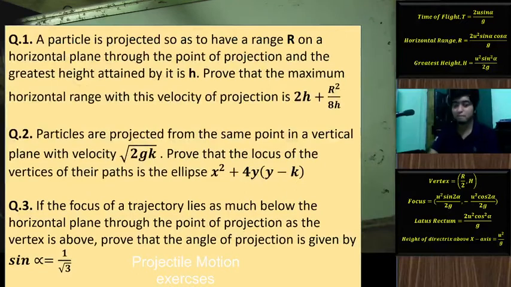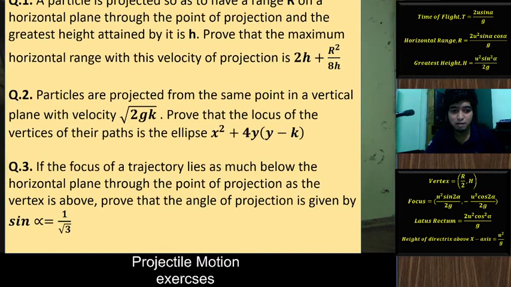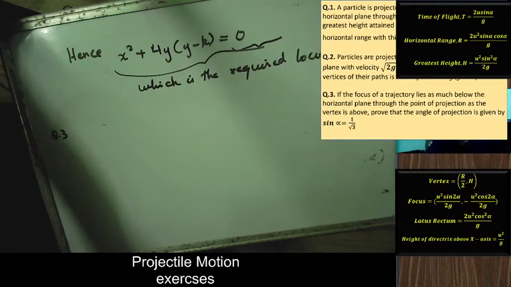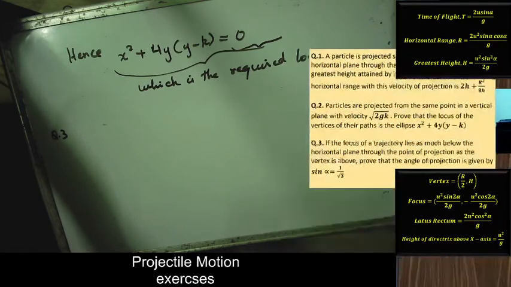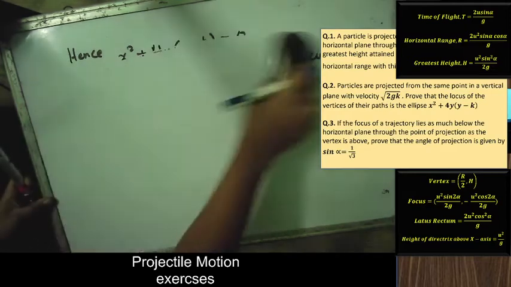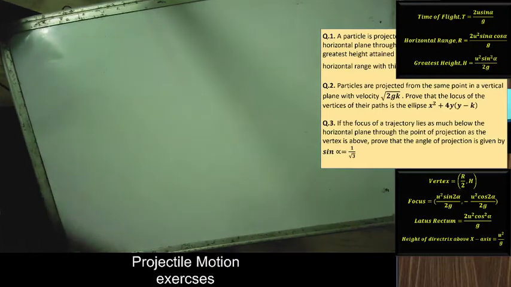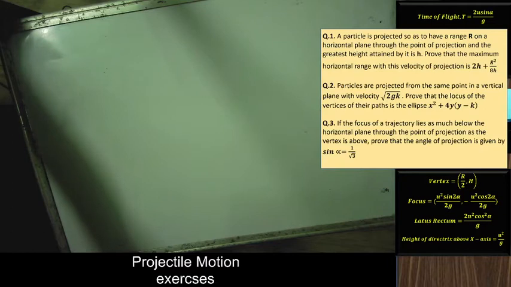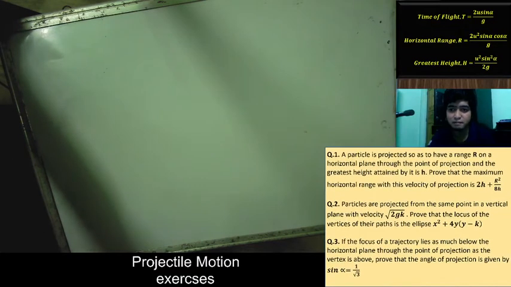Question number 3 says that if the focus of the trajectory lies as much below the horizontal plane through the point of projection as the vertex is above, prove that the angle of projection is given by sine alpha equal 1 by root 3. Okay, let us solve this question.